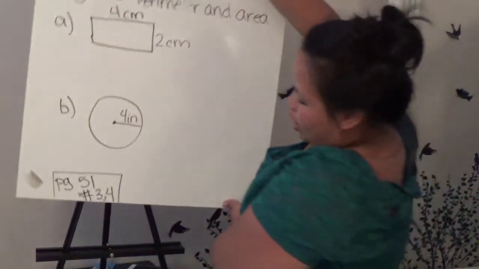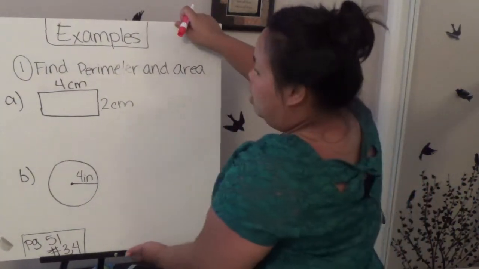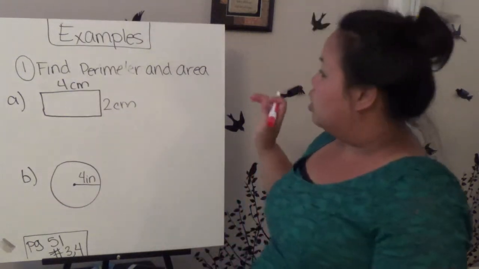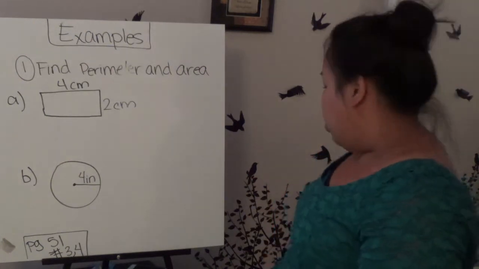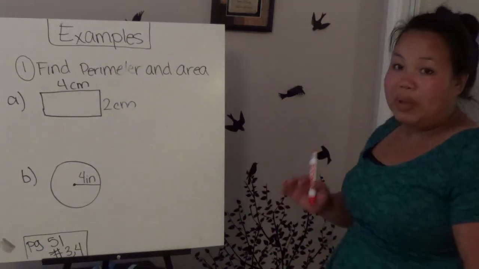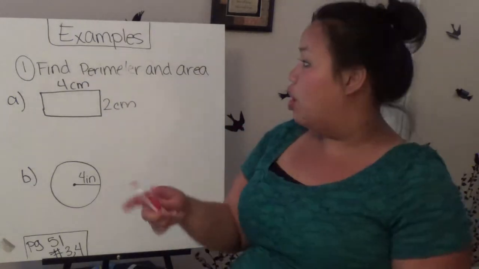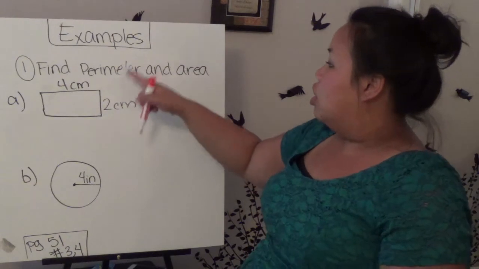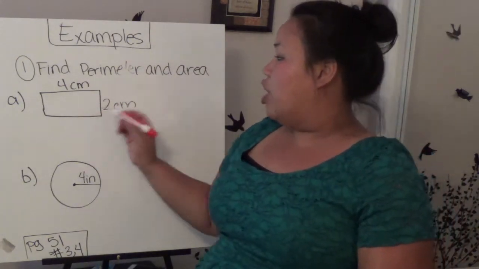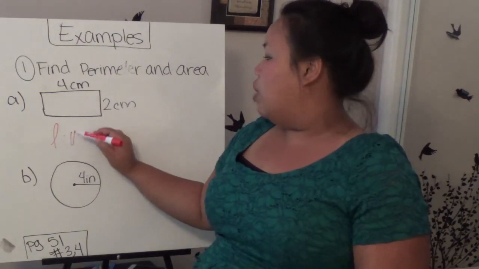So we have one example for you actually. This one is asking us to find the perimeter and the area. In order for you to find this, you need to go again on page 51. It has all the equations on there, so you're going to need to know that, and you will use that tomorrow. The area of a rectangle is length times width.